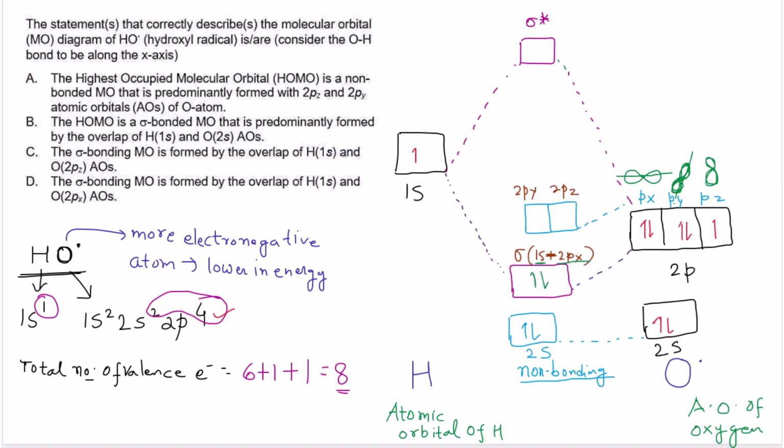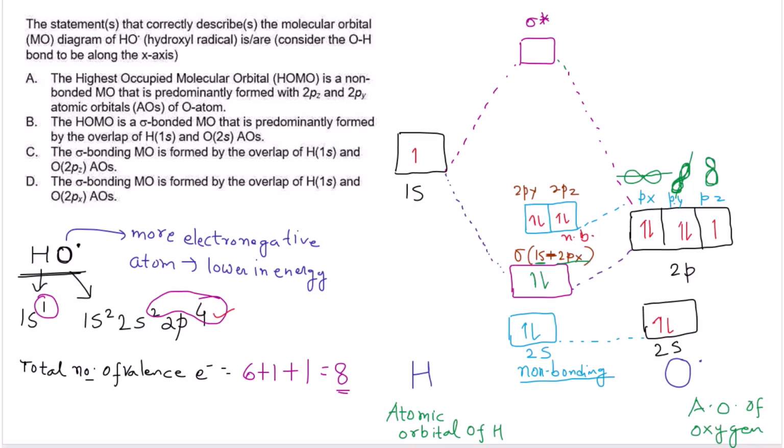So this 2py and 2pz remain without any change in energy as the non-bonding molecular orbitals containing 4 electrons. So non-bonding. That is it about the molecular orbital diagram of the hydroxyl radical.